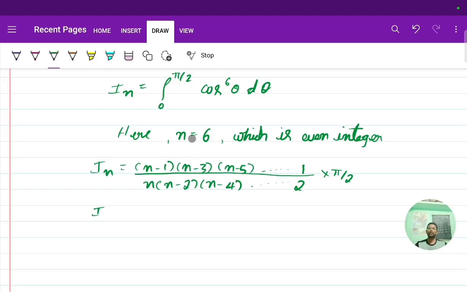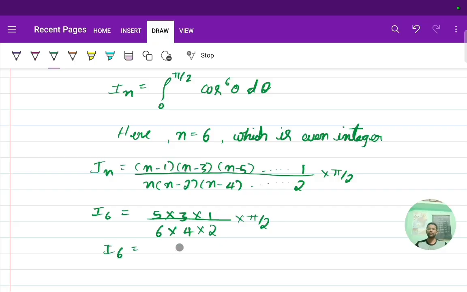You know that the value of n is 6, so I_6 is equal to 6 minus 1 is 5, into 6 minus 3 is 3, and 6 minus 5 is 1. Then n is 6, into 6 minus 2 is 4, into 6 minus 4 is 2. At the last we have to get 1 by 2. Here we get 1 by 2 into pi by 2.